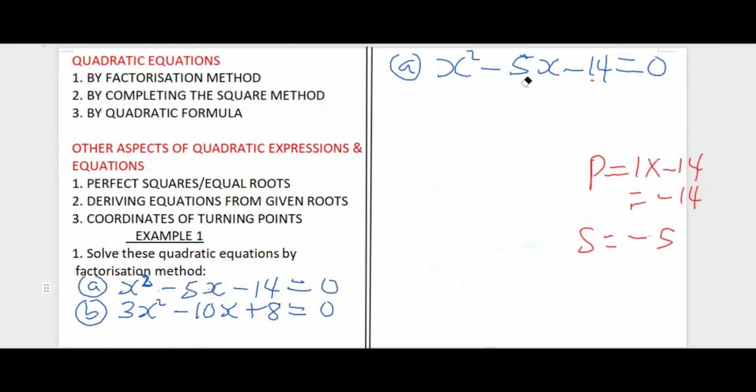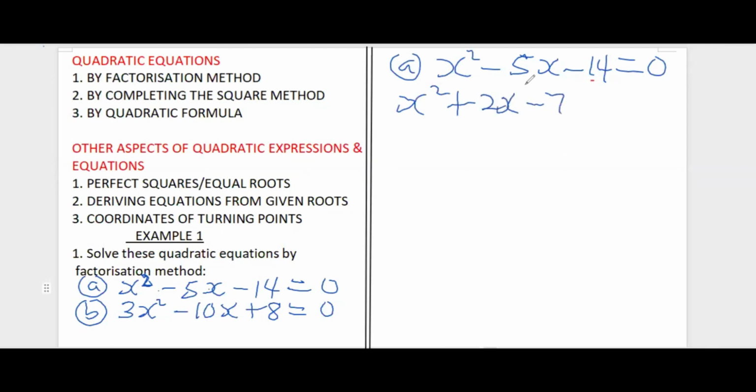So we say x squared plus 2x minus 7x minus 14 equals 0. If you say 2x minus 7x, it will give you the negative 5x back. And if you say 2 times minus 7, it will give you the product, which is negative 14.